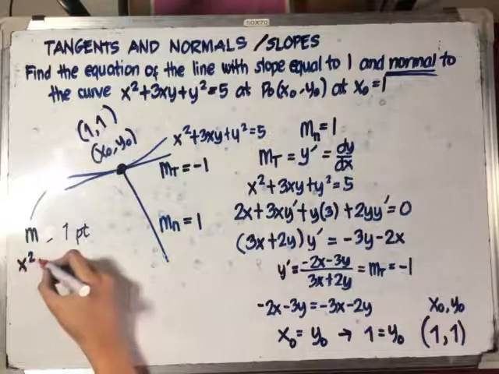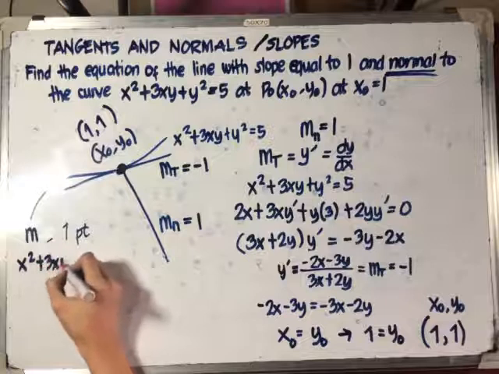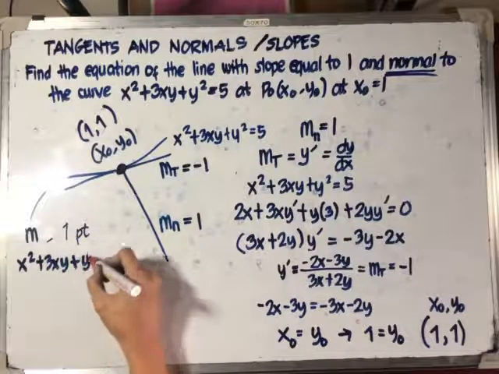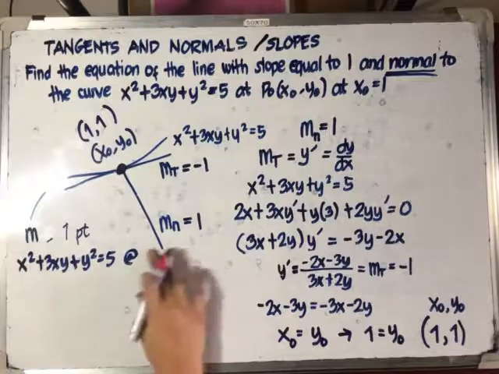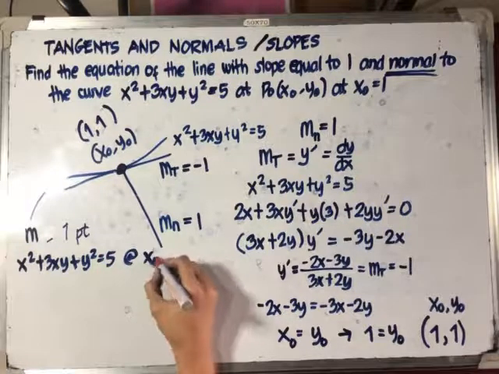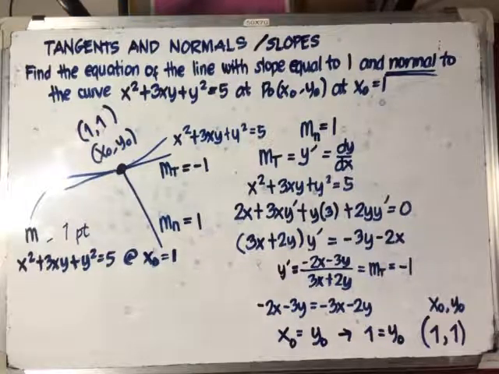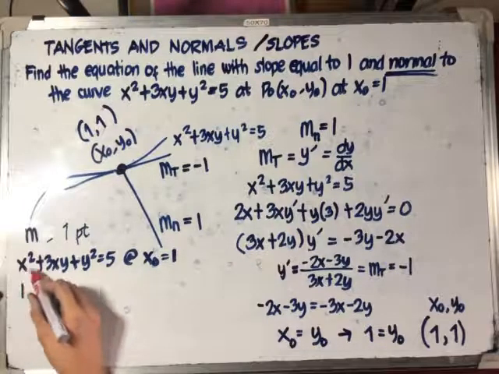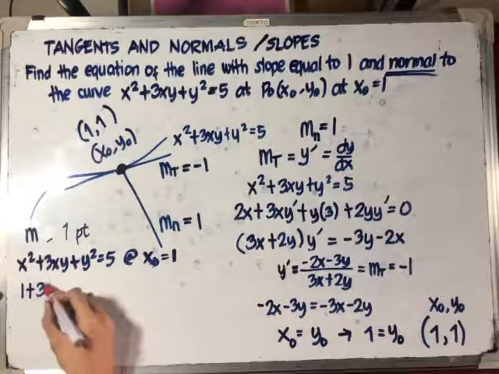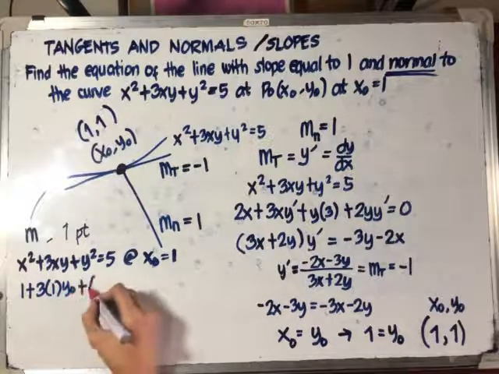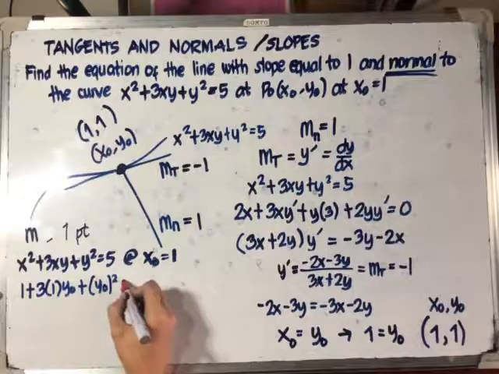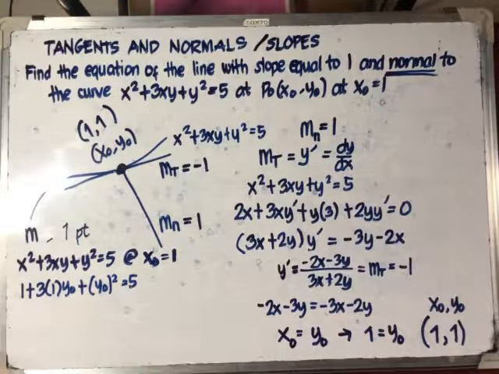I write here x squared plus 3xy plus y squared is equal to 5, with x sub o equal to 1. So I put 1 here: 1 squared is 1, 3 times 1, and the missing y sub o, y sub o squared, is equal to 5.